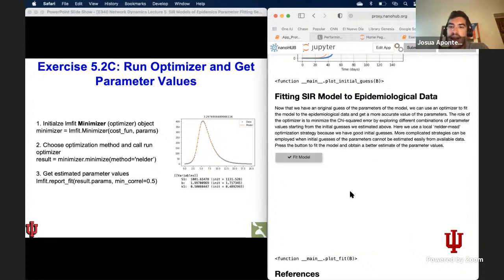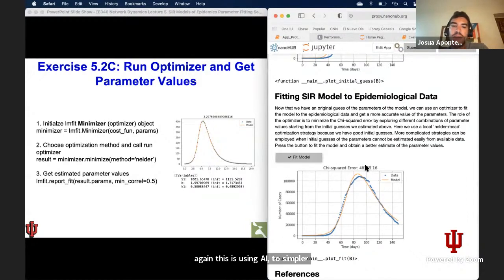And again, this is using the simplex method, the same we're using in the code that we showed in class today.